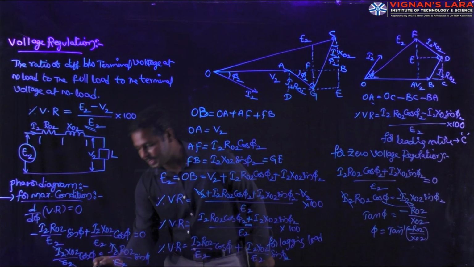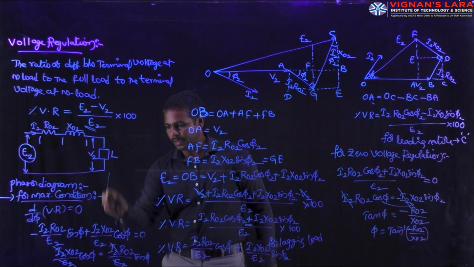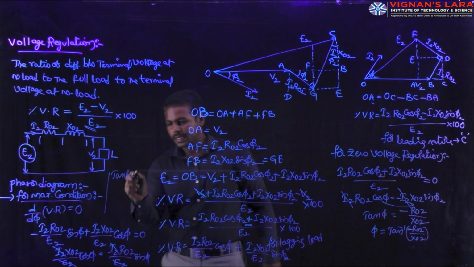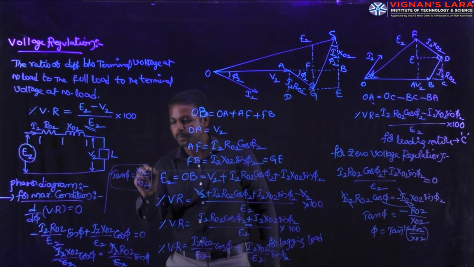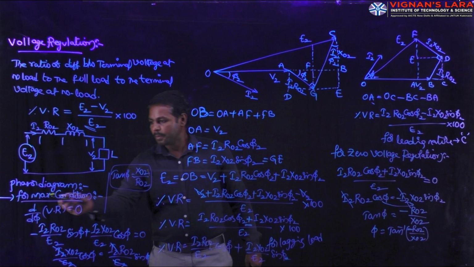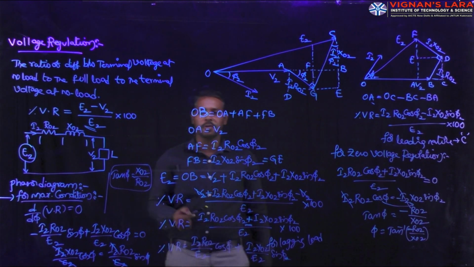Again tan phi is equal to X02 by R02. In this equation we are getting a positive value, in the sense that maximum voltage regulation only occurs at lagging power factors.